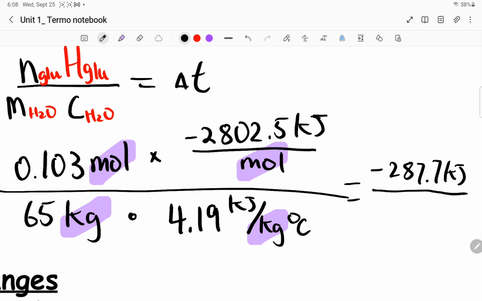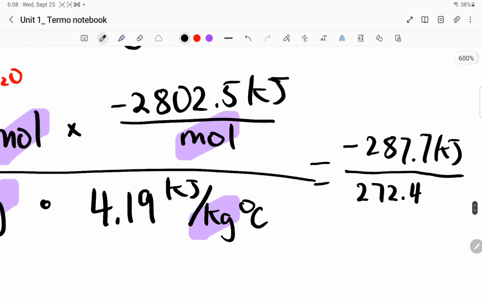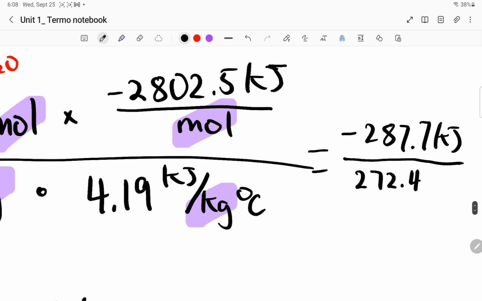And at the bottom, we have 65 times 4.19, which was 272.4. And our units at the bottom was kilojoule per Celsius.